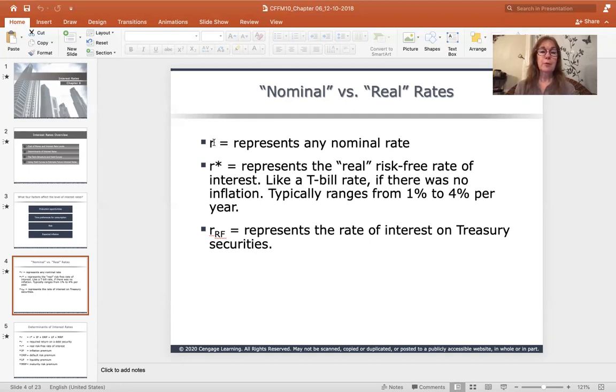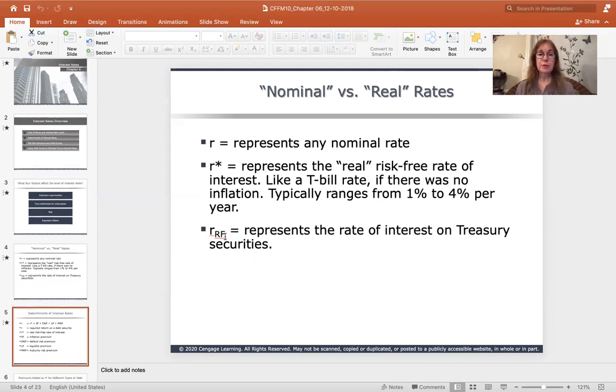So the nominal rate is R. R star is the real risk-free rate. And then what we refer to as the rate of interest on treasury securities, if you buy government bonds, is the risk-free rate. So that's the nominal RF, where RF just means risk-free.